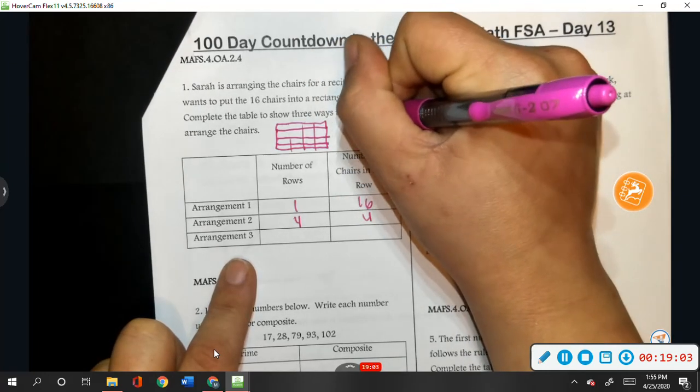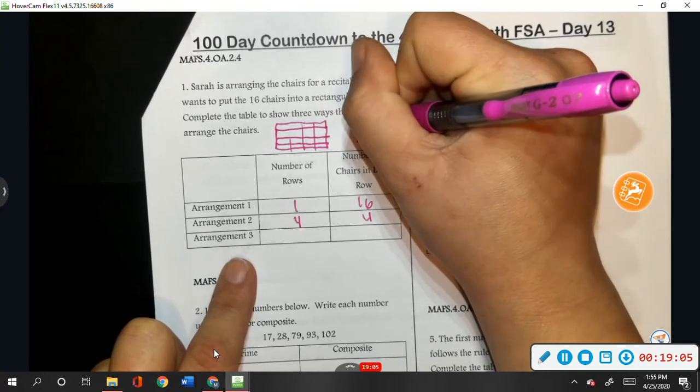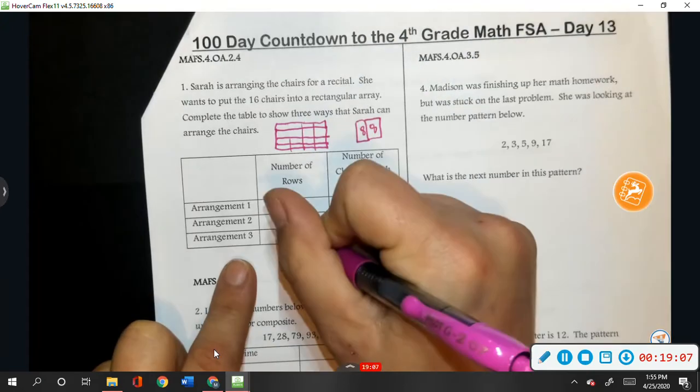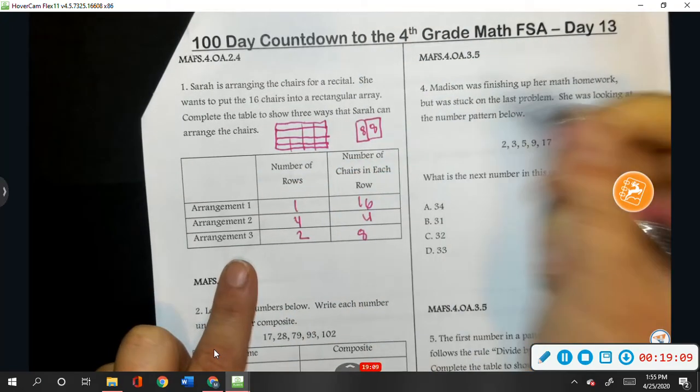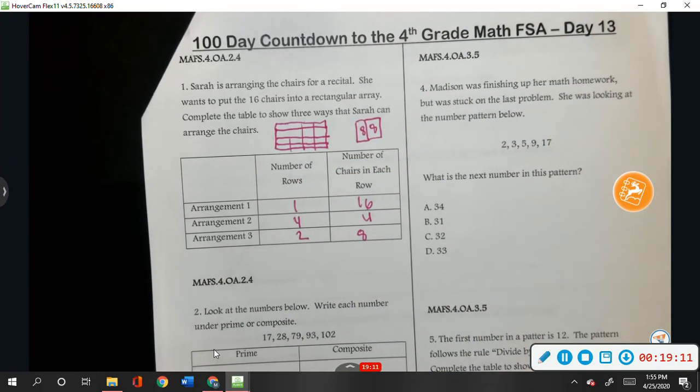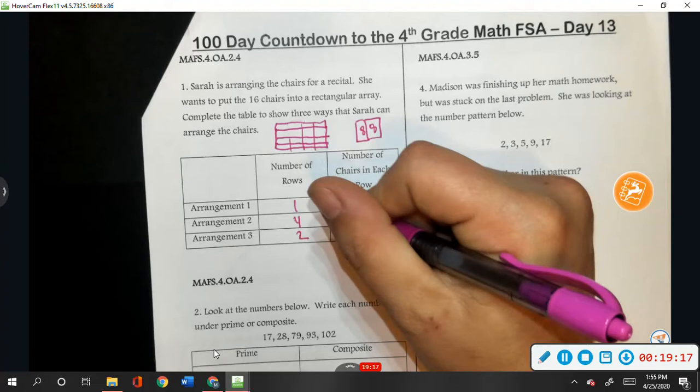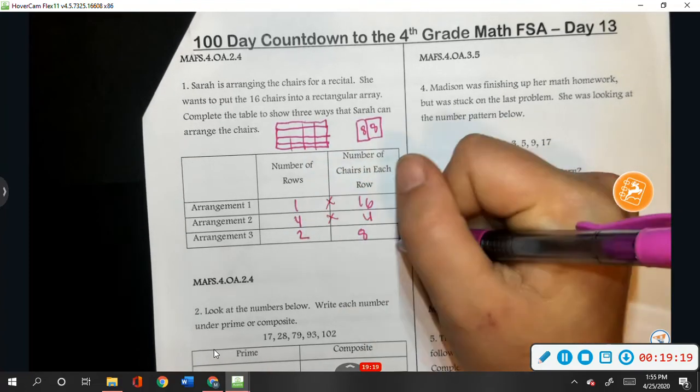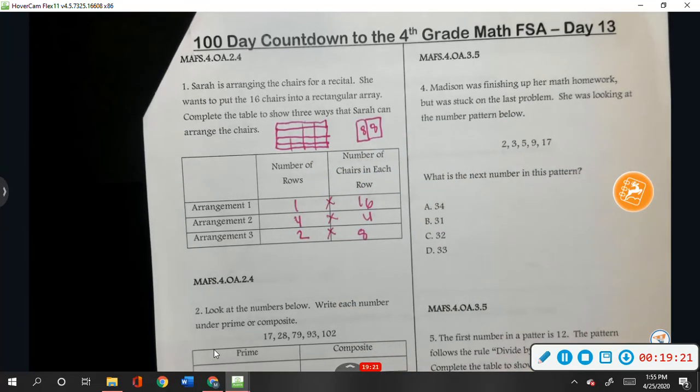Or she could have 2 rows, and in each row have 8 chairs. What do those numbers look like? Those look like the factors of 16, right? 1 times 16, 4 times 4, 2 times 8.